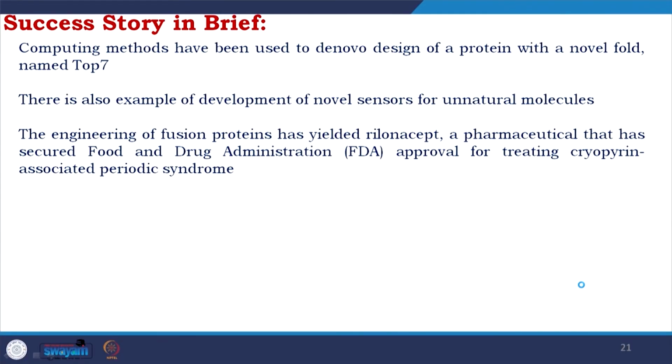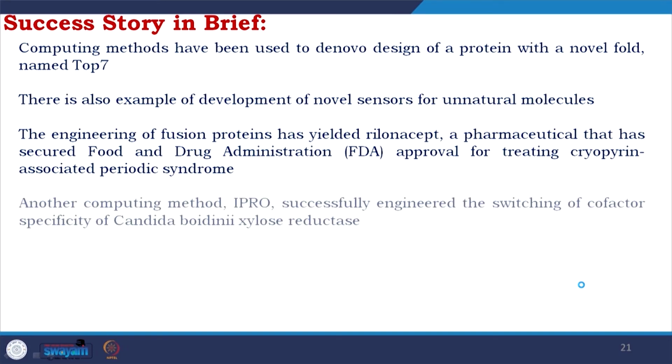The engineering of fusion proteins has yielded rilonacept, which is a pharmaceutical that has secured FDA approval for treating cryopyrin associated periodic syndrome. So, this is one of the successes in medical science. Another computing method, IPRO, successfully engineered the switching of cofactor specificity of Candida boidinii xylose reductase.